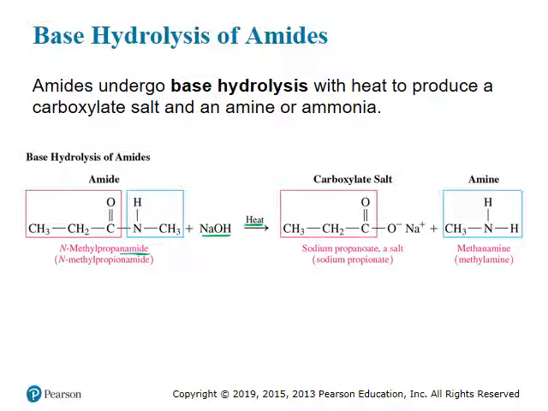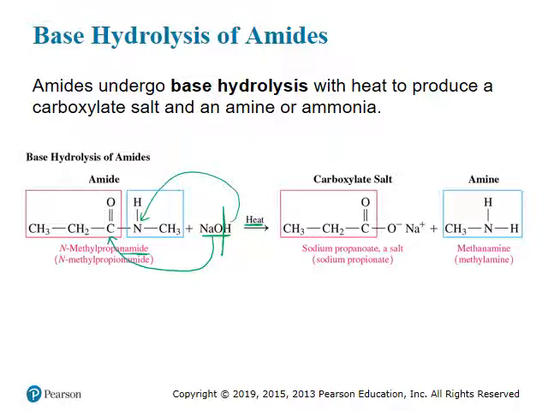For instance, right now it's NaOH, you would simply break this NaOH right here. Either the carbon or the nitrogen, one of them is going to get a hydrogen, the other one is going to get NaO. The hydrogen goes to the nitrogen right here, and NaO goes to the carbon right here.